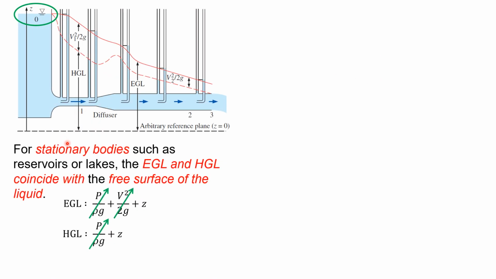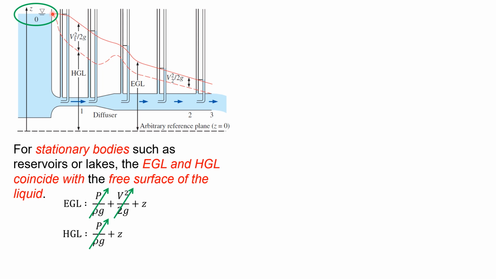For stationary bodies such as a reservoir or lake, we know this is a stationary unit. The starting point will be at the free surface. At this point, the pressure will be cancelled, and the velocity is also cancelled because it's a stationary point.